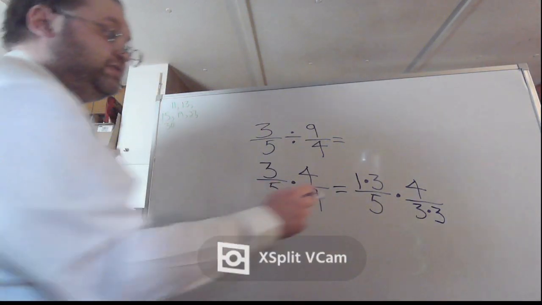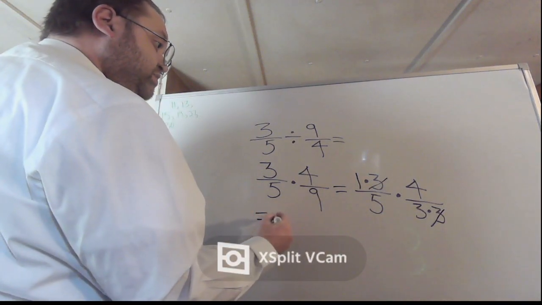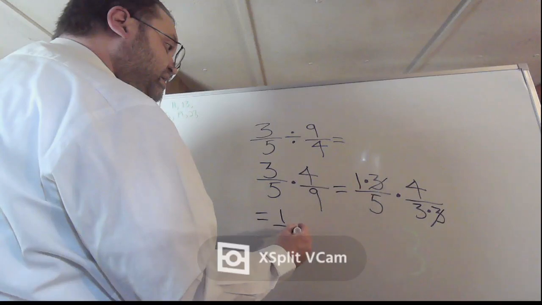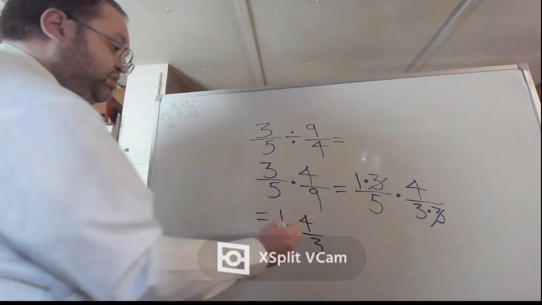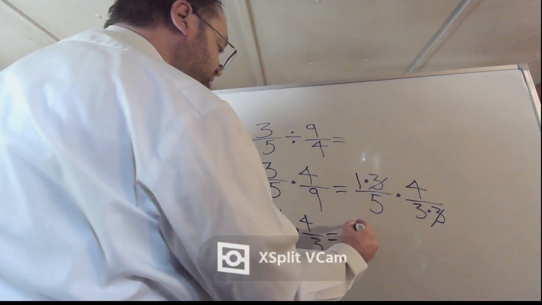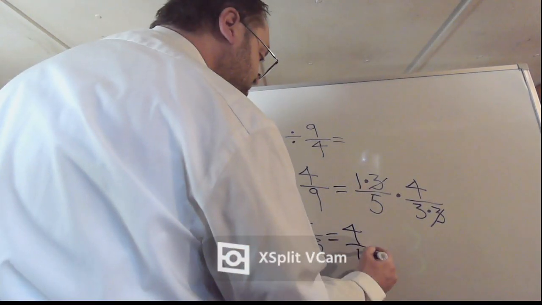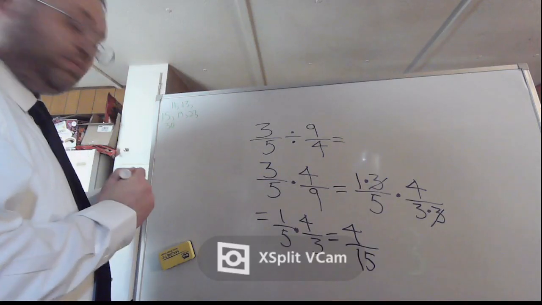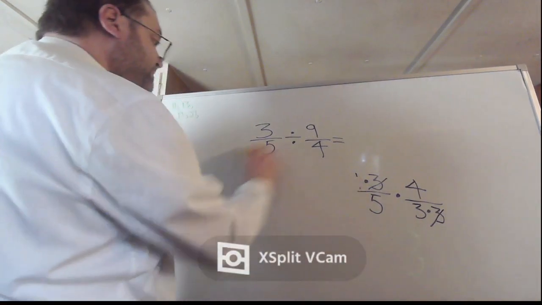Then we see we have a common 3 we can cancel, which is going to leave you with 1/5 times 4/3. So now it's a simple multiplication problem. 1/5 times 4/3, you multiply the numerators: 1 times 4 is 4. 5 times 3 is 15. You are left with 4/15 for your answer. And that's all there is to it.